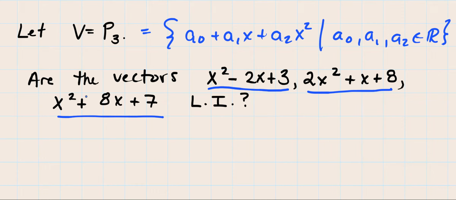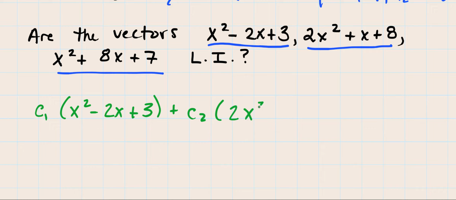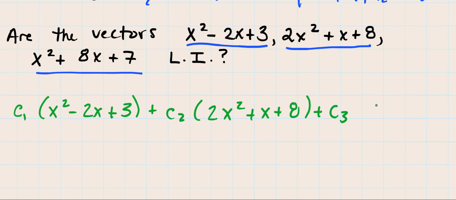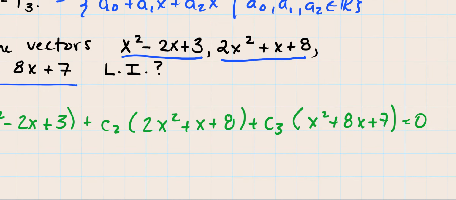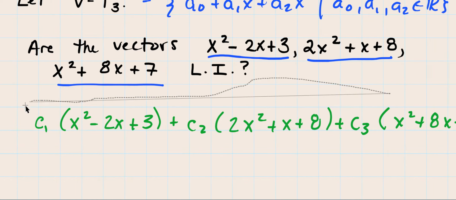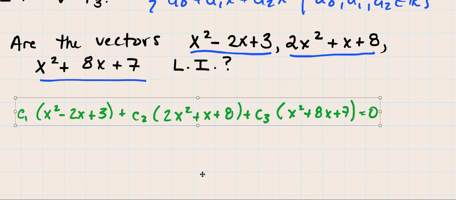Well, we're going to use the definition. So what we need to find is, is there a C1, a C2, and a C3 that are not all 0, that satisfy that this linear combination is equal to 0.